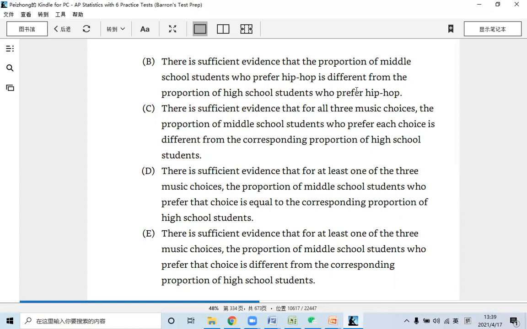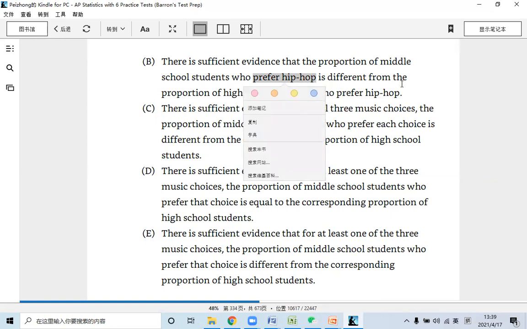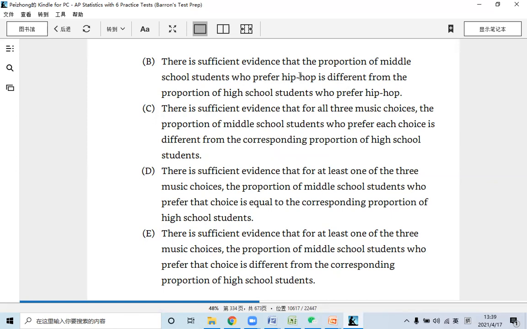Is that what we're going to show? Can we draw this conclusion? This is focused on hip hop. Do we know that for this particular category there's a different proportion between high school versus college students?